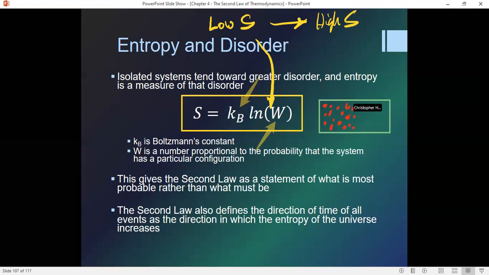Now, yes, the molecules could all of a sudden end up on the left side by pure chance. When you're talking about Avogadro's number of molecules in a mole of gas, the probability of that is so low, it's not going to happen. So what does the system tend to do? It tends to go to the state of increasing entropy, increasing likelihood that all the molecules will smooth out and be on both sides.